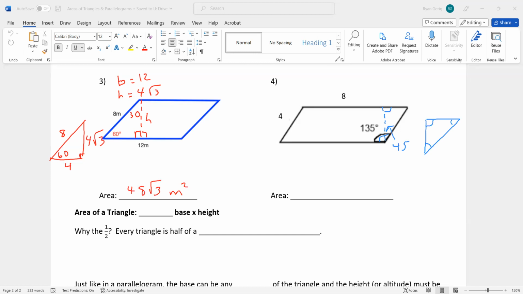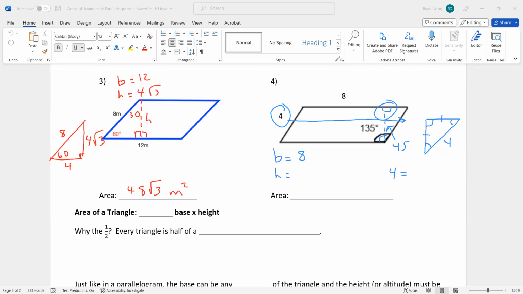Now, what do I know in there? Well, I see this 4 here. Since it's a parallelogram, I know that the opposite sides are congruent, so this is 4. Stay consistent here. The base and the height are the two things I need again. The base that I'm going to be looking at, here's my right angle, so I'm going to be using the base of 8. I'm going to use the 4 to find the height, which that and that are equal. So the hypotenuse is 4.